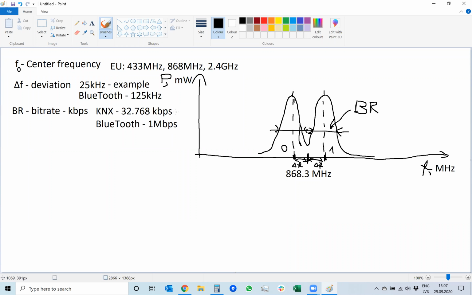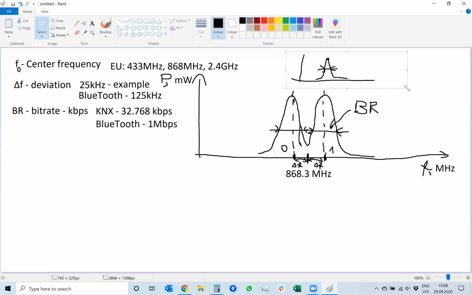This can be translated to megahertz into this frequency picture. So these kilobits are the same as kilohertz and megabits are the same as megahertz in our case. So Bluetooth signal would actually look something like this. These peaks are very close together, so the width of the Bluetooth signal is approximately equal to the bitrate.